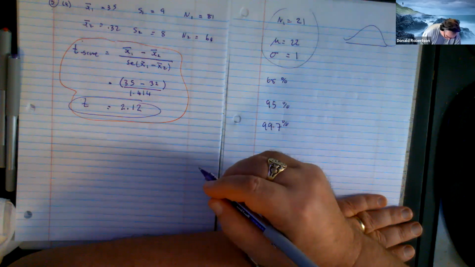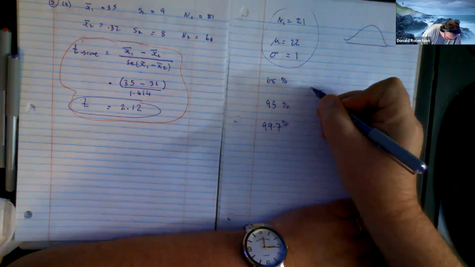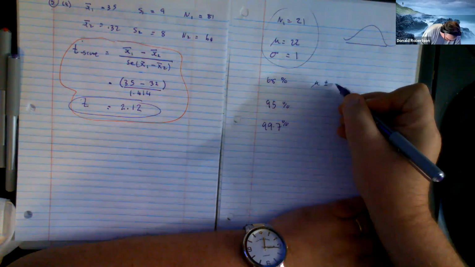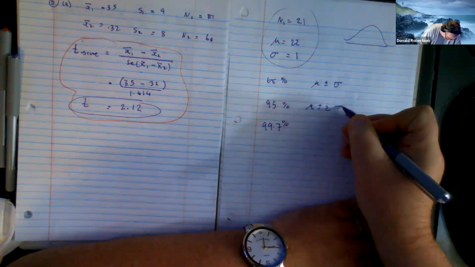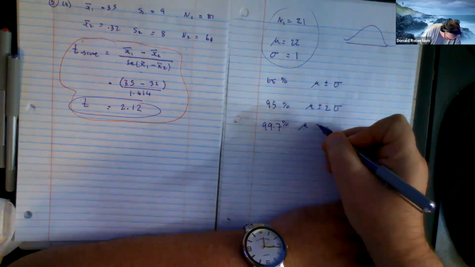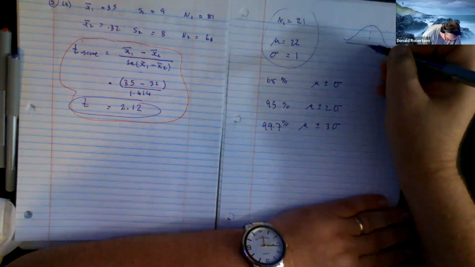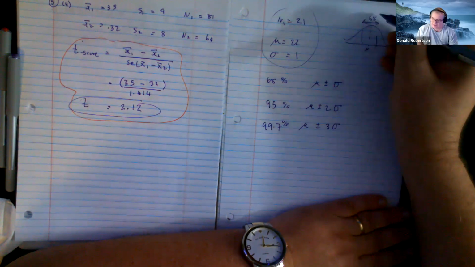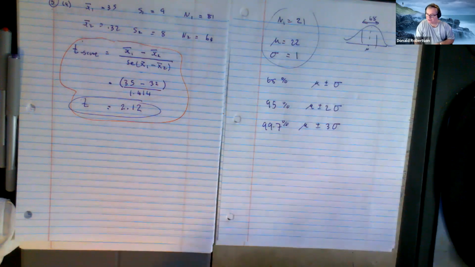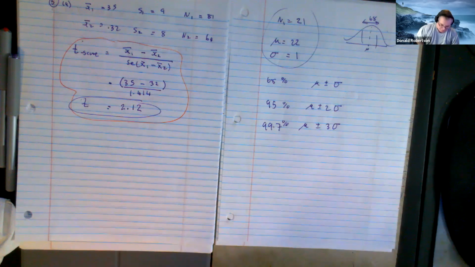So when it's a 68, isn't it going to be the mean plus or minus 1 standard deviation? And then the mean plus or minus 2 standard deviations? And then the mean plus or minus 3 standard deviations? Remember that guy, 1 standard deviation gets you 68. It's called the 68, 95, 99.7 rule. So I really just need to plug together the numbers that we've got.